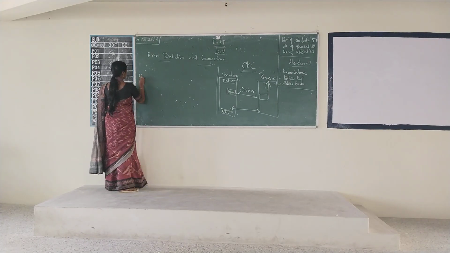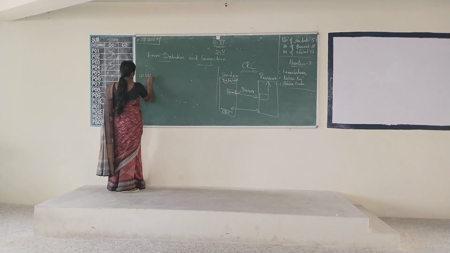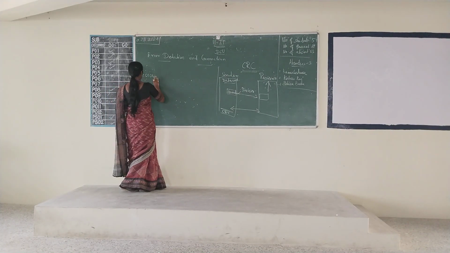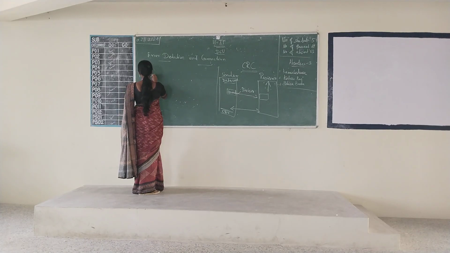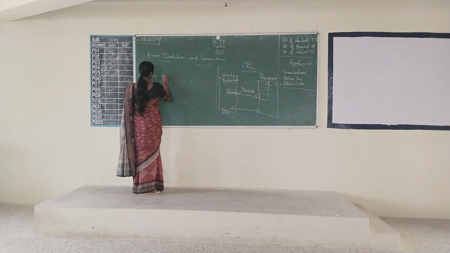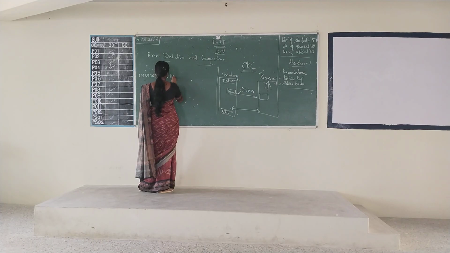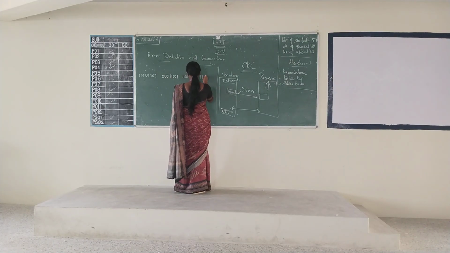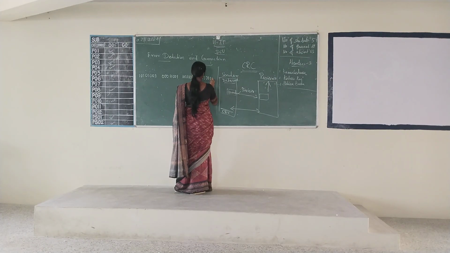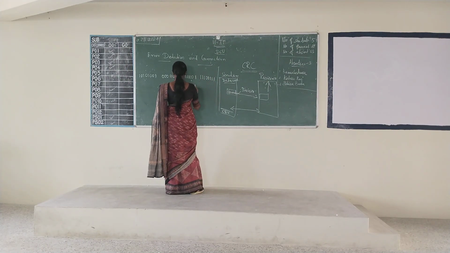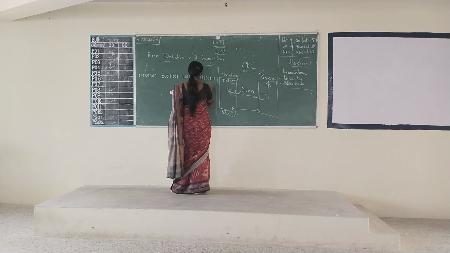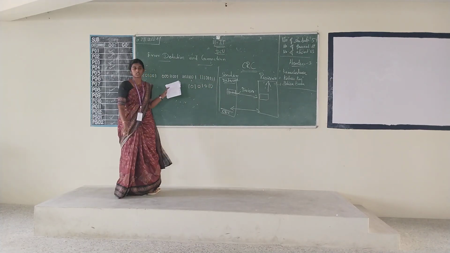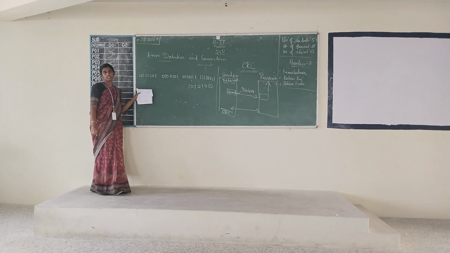So the data blocks is going to be as shown. So this is your data blocks that is received in the receiver side.